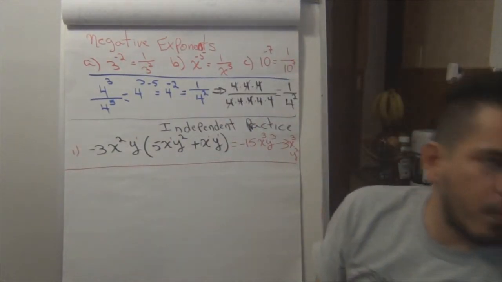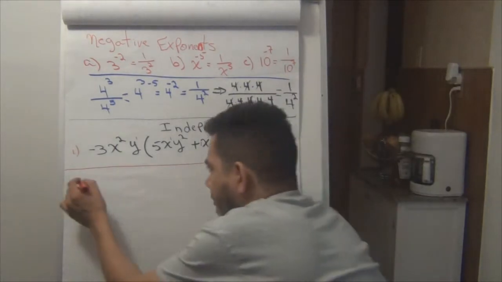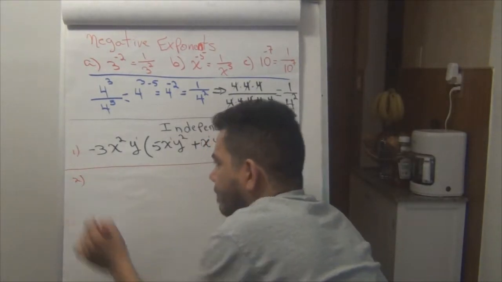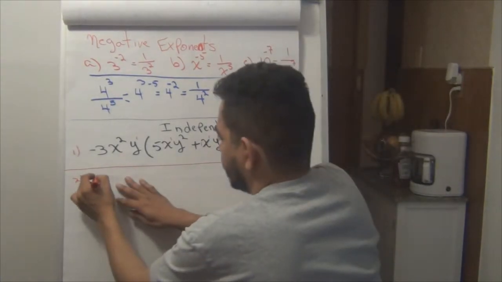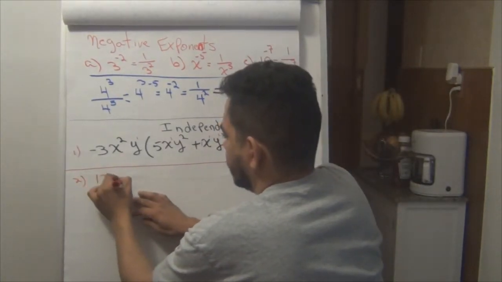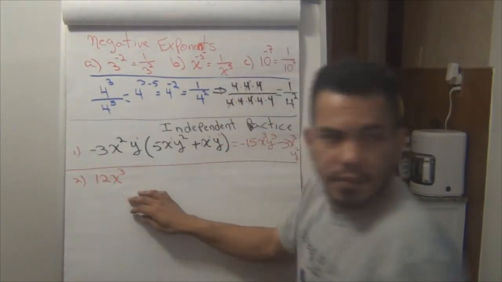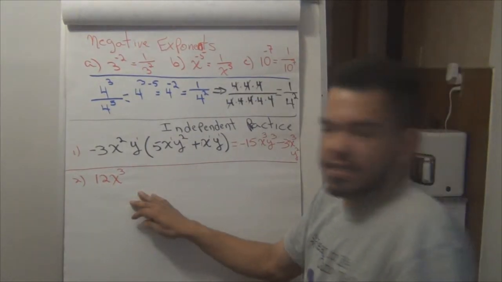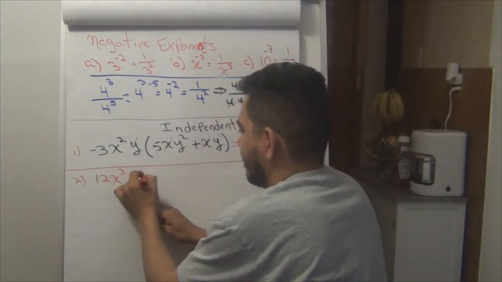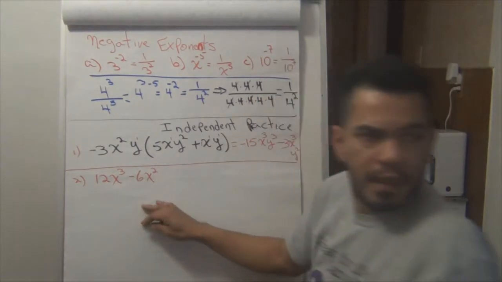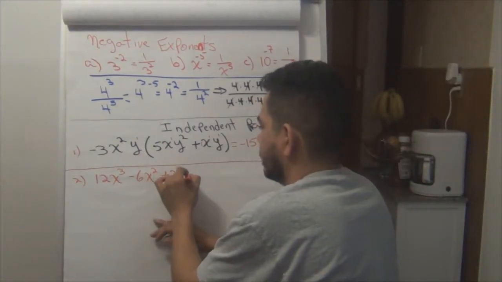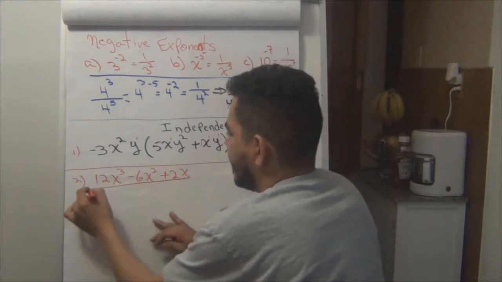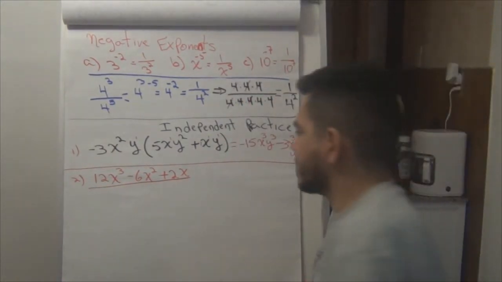Let's go on to the second one. It says 12x to the third minus 6x squared plus 2x divided by 2x.